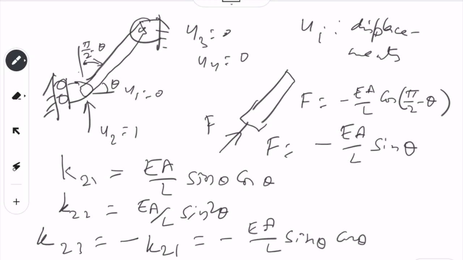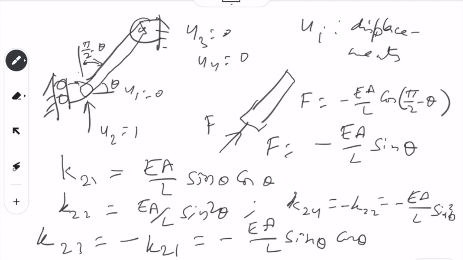Similarly for K22, whatever we are getting here, its value will be supported by the force here, so that there is a force balance, and hence we write K24 is equal to minus K22, which is equal to minus EA over L sin square theta.